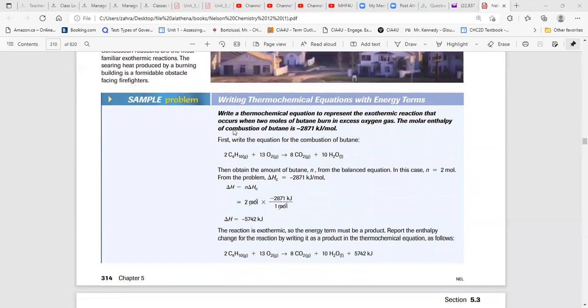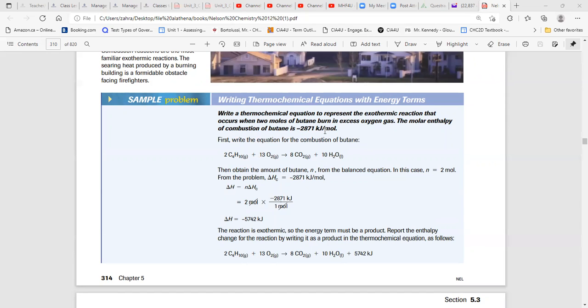Okay, this is an example. Write a thermochemical equation to represent an exothermic reaction that occurs when 2 moles of butane burn in oxygen gas. The molar enthalpy is given to you. Okay, we write the reaction. C4H10, butane, combined with oxygen gives you CO2 and H2O. You need to be able to balance it with these numbers.